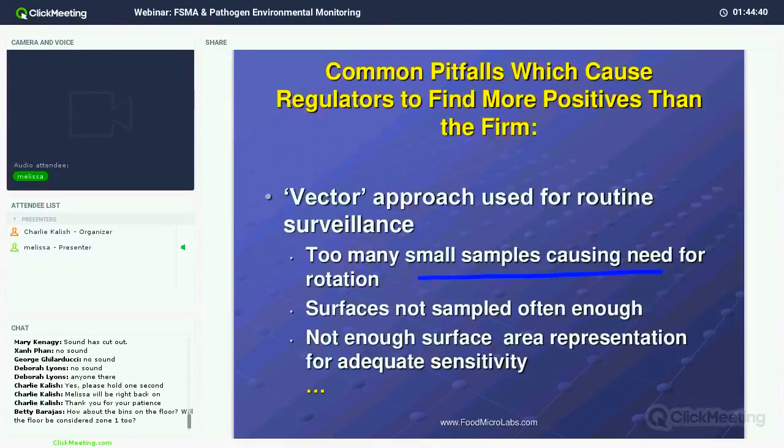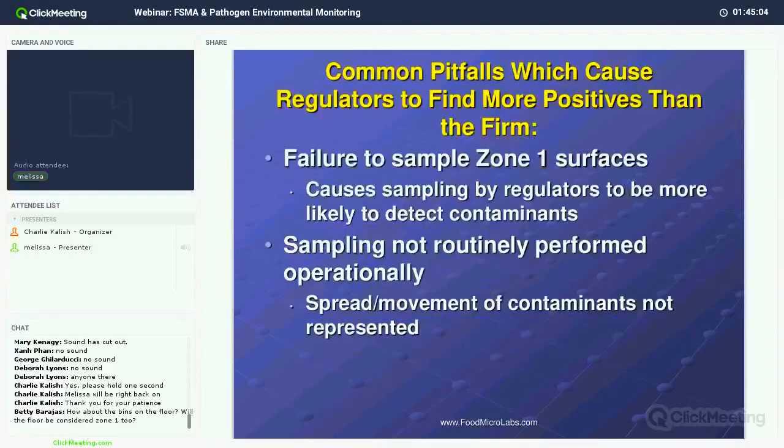So for us, we've got to take a bigger, wider composite approach rather than a small vector approach. Surfaces don't become sampled often enough if we sample too small of sites, and there's not enough surface area representation for adequate sensitivity of the testing. The sum of that can make the agency more likely to find a positive than we do.